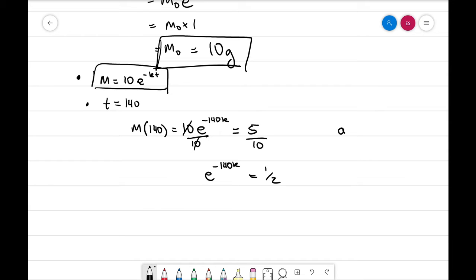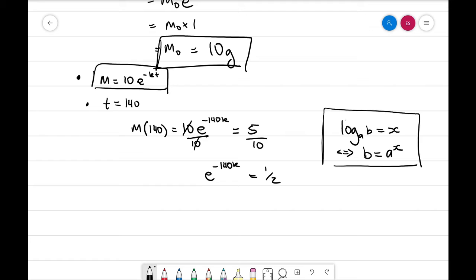And then let's use our index laws. So if we have log to the base a, b is equal to x, that's the equivalent as saying b is equal to a to the x. So we can use this relationship here.